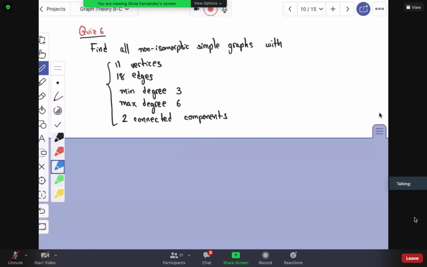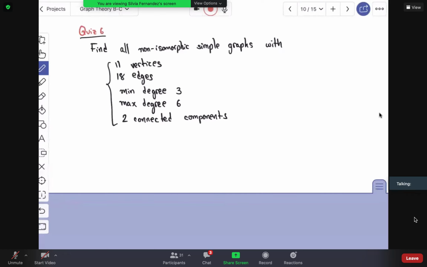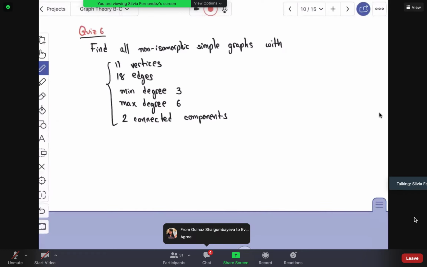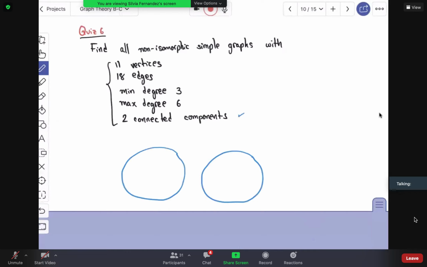So here, they need to have 2 connected components. So I'm going to have at least one vertex here and at least one vertex there. Okay? So I'm already using that. At least one vertex on each side. Then I need to have a maximum degree 6.